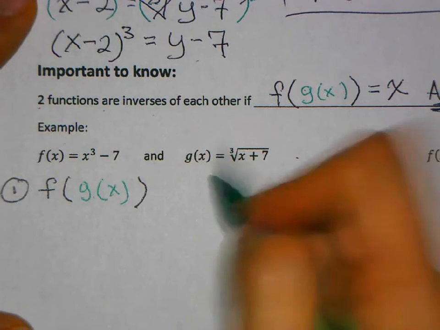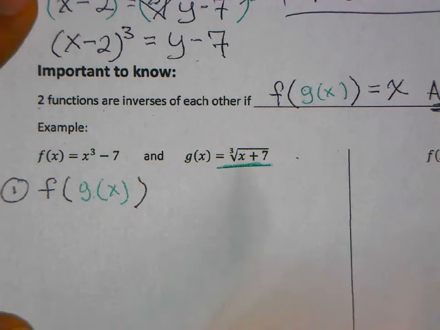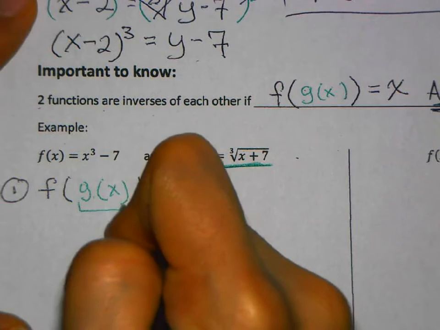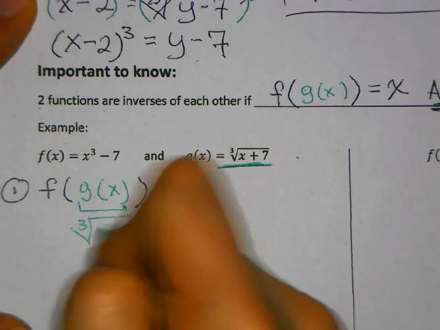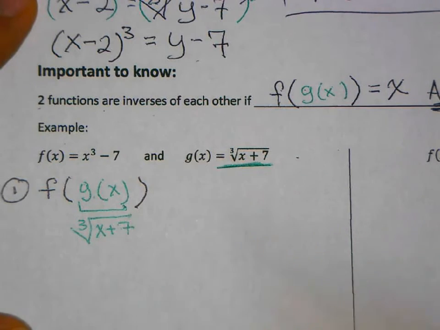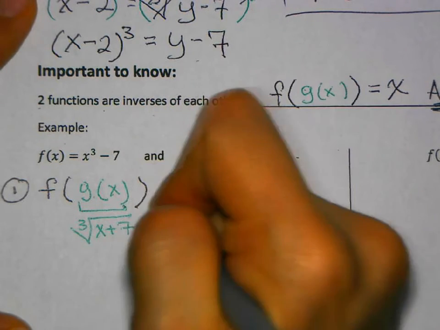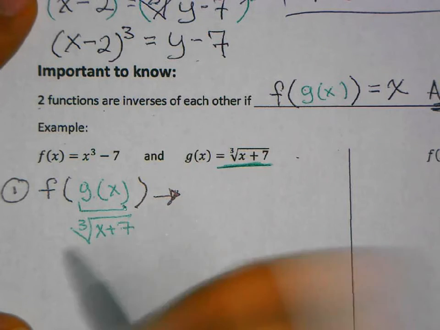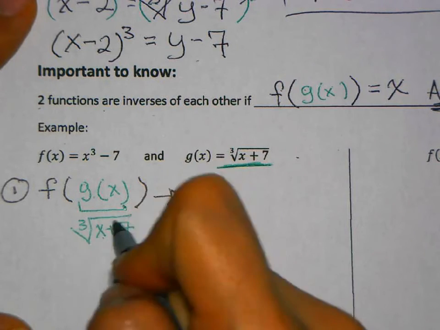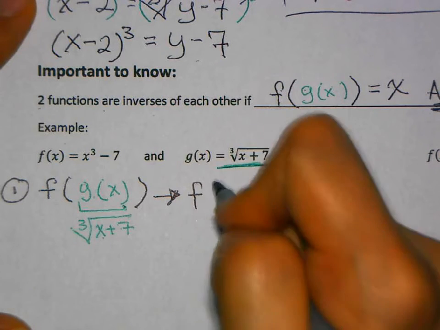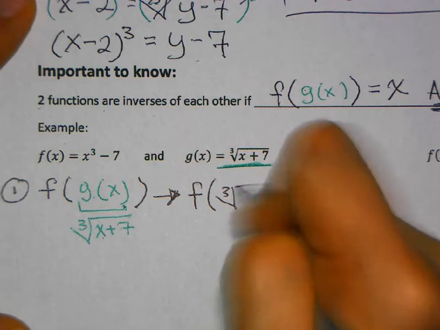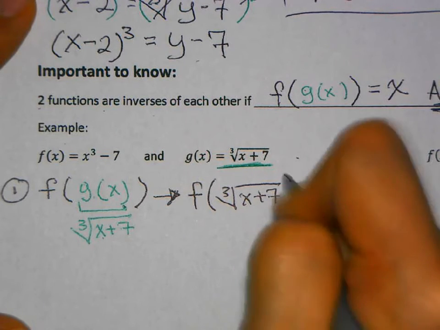Well, what is my g of x? My g of x is this whole thing, cube root of x plus 7, right? So that's this thing right here, cube root of x plus 7. That means what they want me to do is take this cube root of x plus 7 and put it inside f of x. So f of cube root of x plus 7.